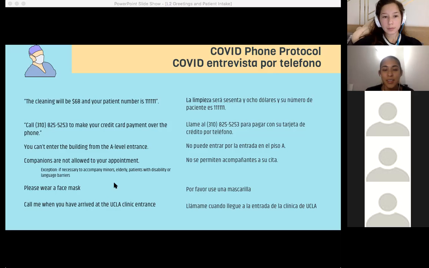But isn't it llegar with an AR? Yes, that is the stem form of the verb. But once we conjugate to usted, it is llegue. Okay, thank you.